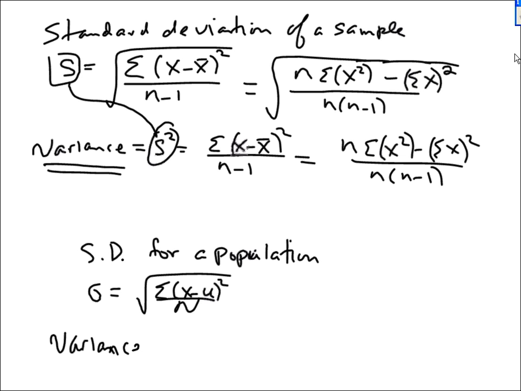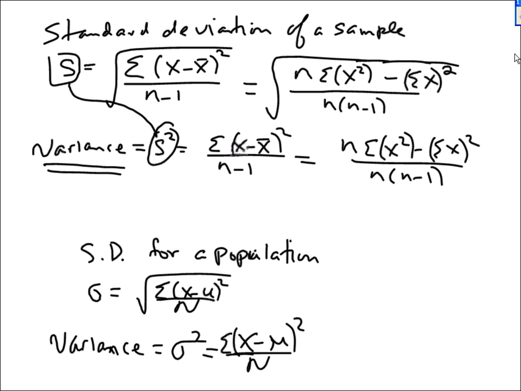If you square sigma, you'll have the variance, which is just the summation of x minus mu squared divided by N. If you have the standard deviation, you square it, you'll have the variance. If you have the variance, you just take the square root and you'll get the standard deviation.